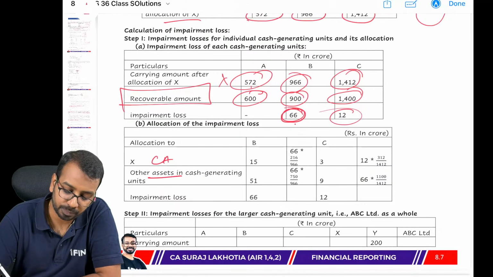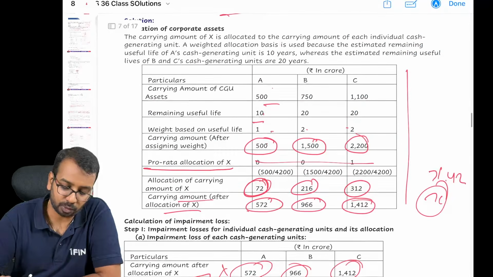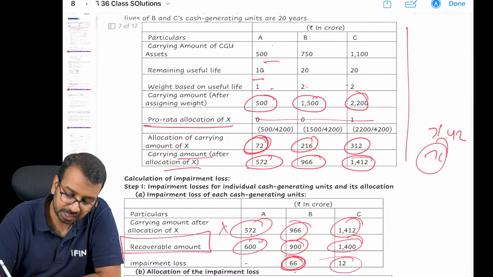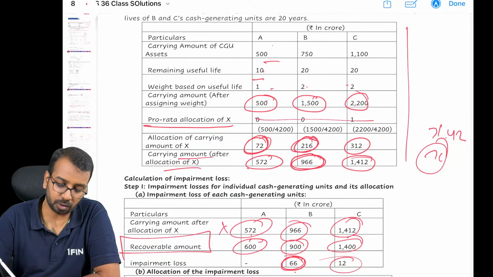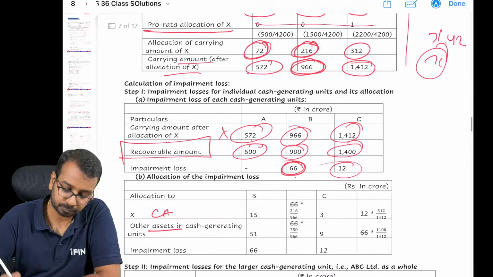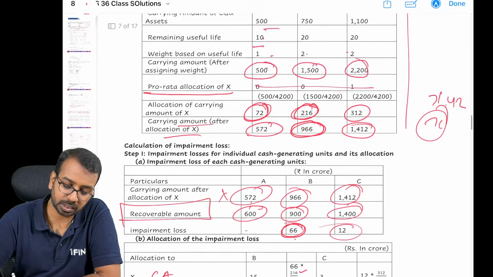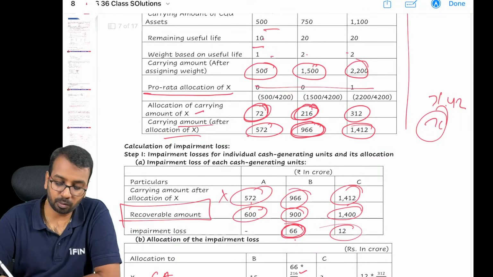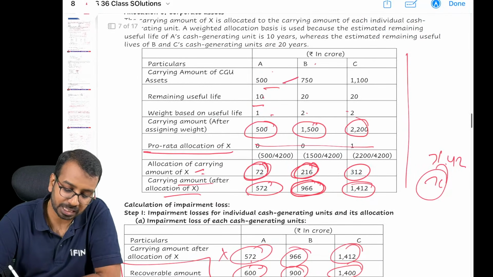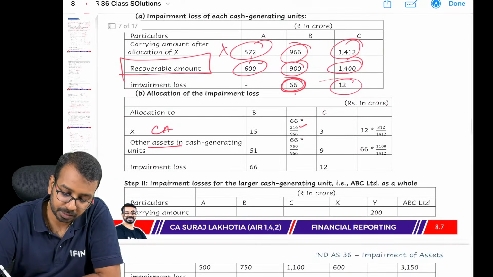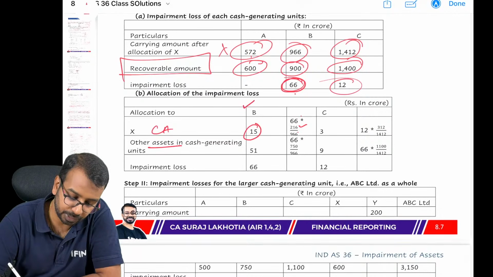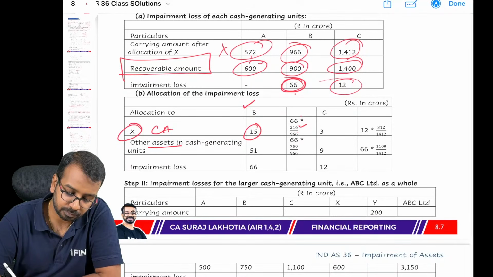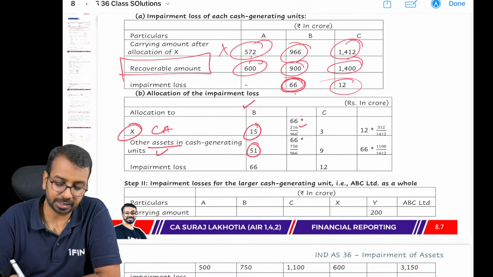How? In the ratio of their carrying amount. What is the ratio of carrying amount? See, this 966 has 216 of the carrying amount of X and 750 of other carrying amount. So 66 into 216 by 966, 15 goes to X, and 51 goes to other assets.